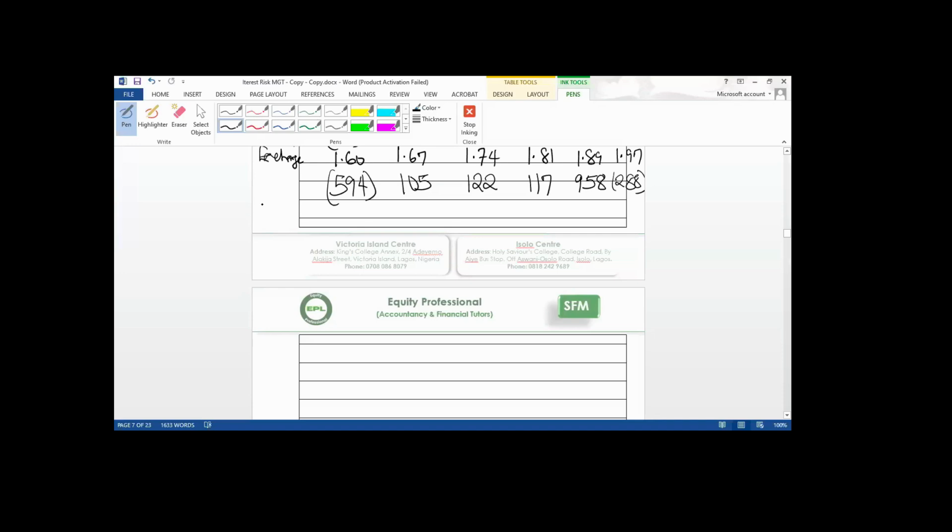There's royalty receipt. Income has been received. Royalty received, 33 million naira.